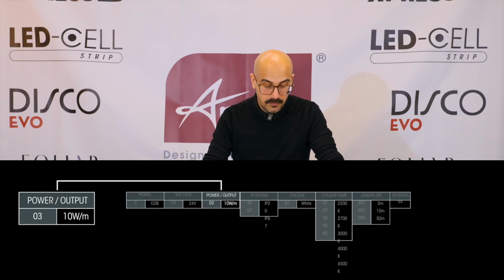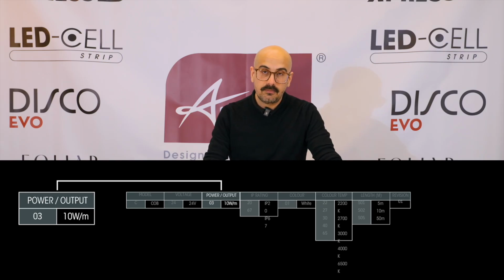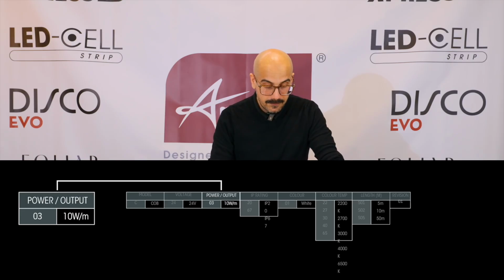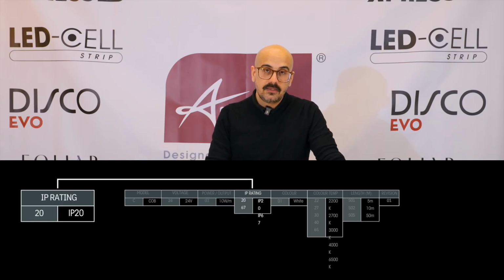The second part of the code defines the power rating. In this case it is 18 watts per meter, so it's followed by /05, following the code builder in the catalog. Then we select the IP rating. We are talking about internal, so IP20 is more than sufficient. So the code will be /20.